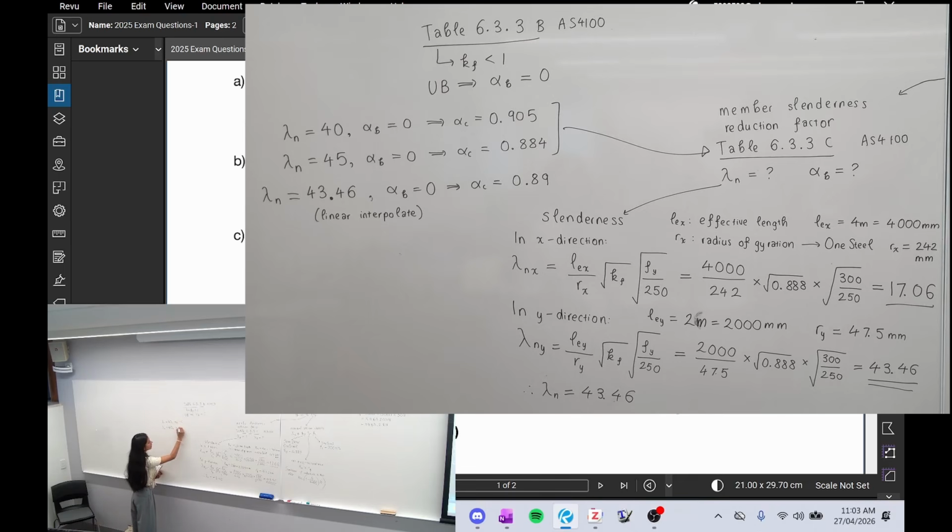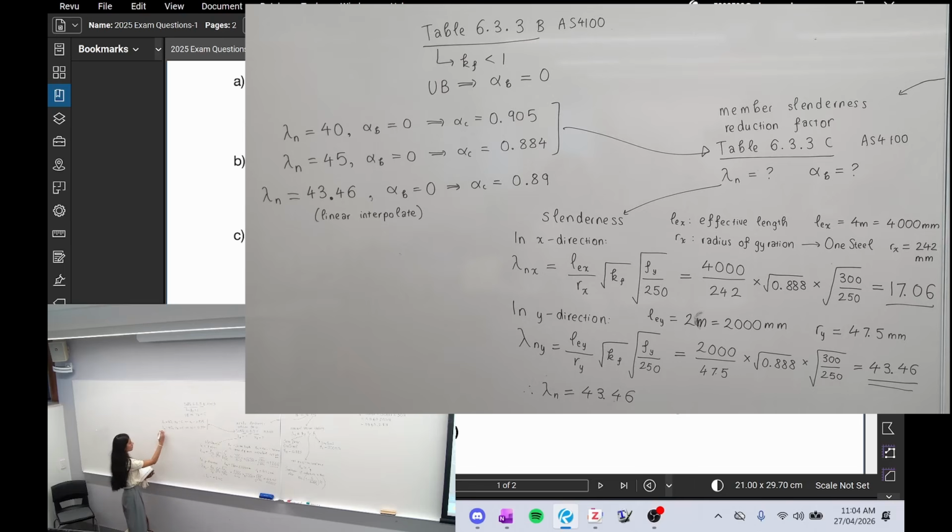And from that table, you will get alpha c equal to 0.905 for a slenderness of 40 and 0.884 for a slenderness of 45. And these are both from this table.